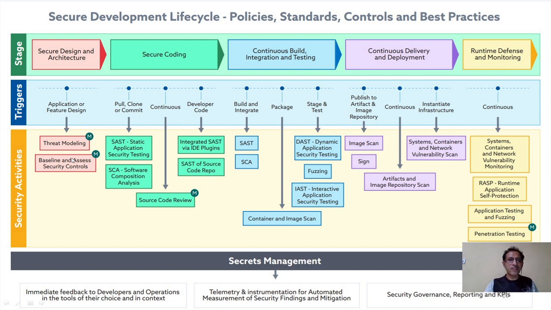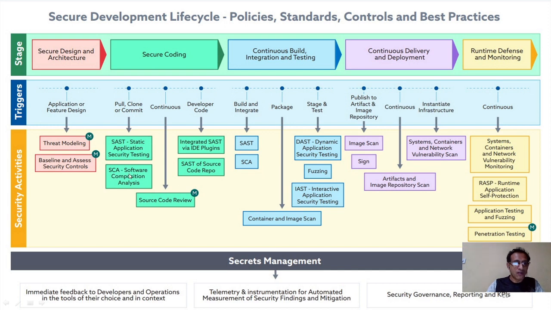The secure coding section is develop, pull request or commit, and continuous developer code. At this moment, from the security point of view, we need to concentrate especially on SAST, static application security testing, in this period.